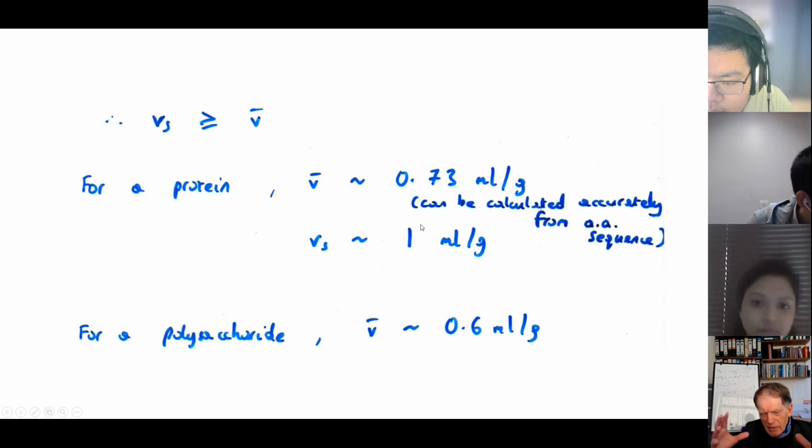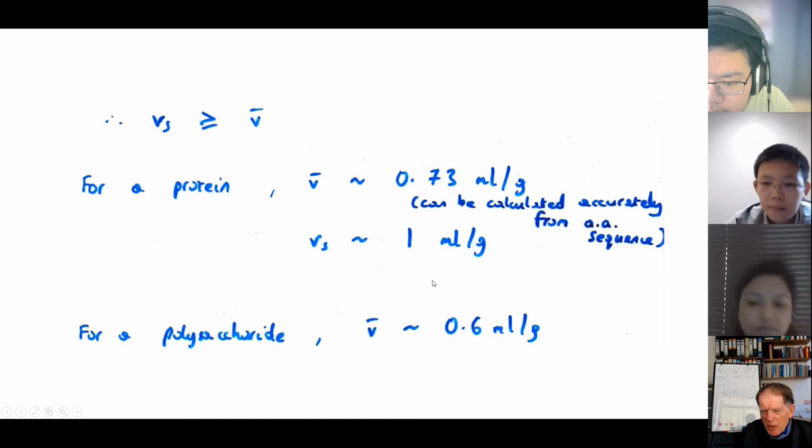And then the swelling due to hydration, the Vs, will be a bit higher. It depends on the composition, but it's usually of the order of 1 mil per gram.